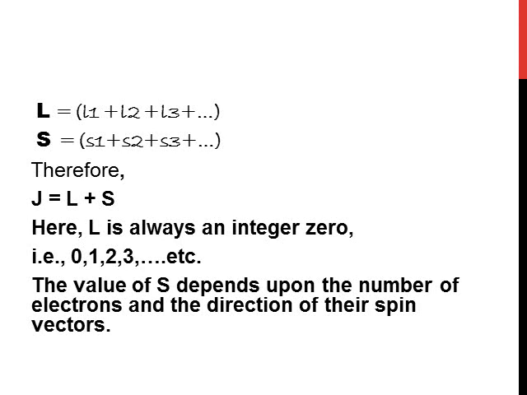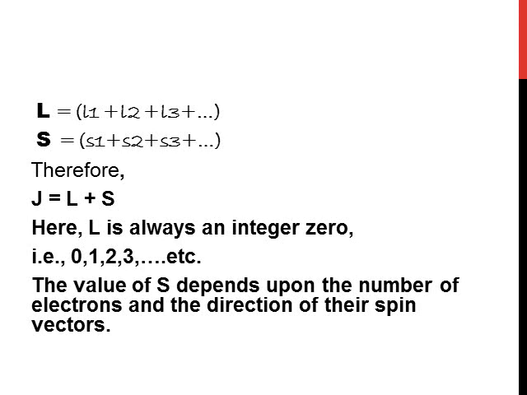When these orbital angular momenta are combined, it gives a resultant vector capital L. Similarly, small s1 is the spin angular momentum of the first electron, s2 of the second, s3 of the third, and so on.